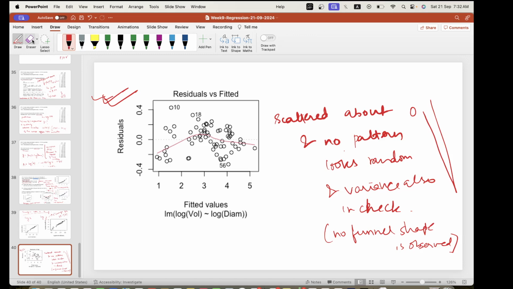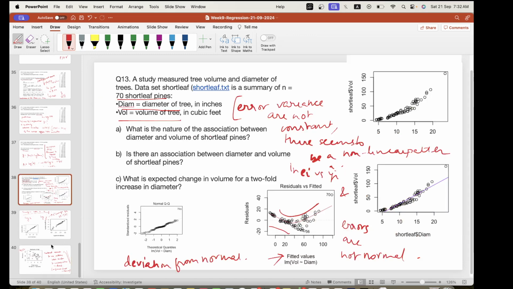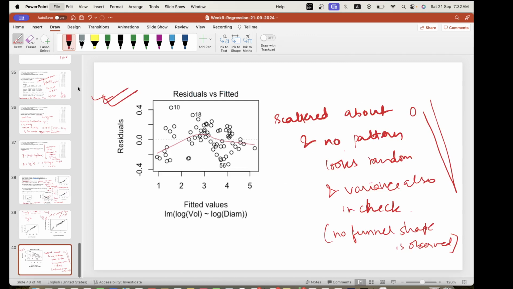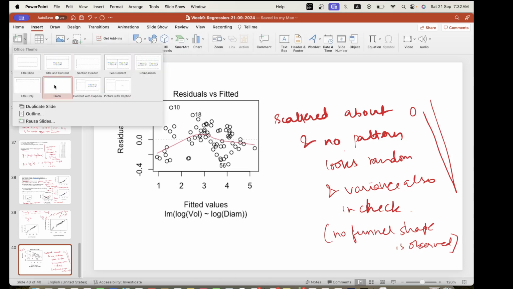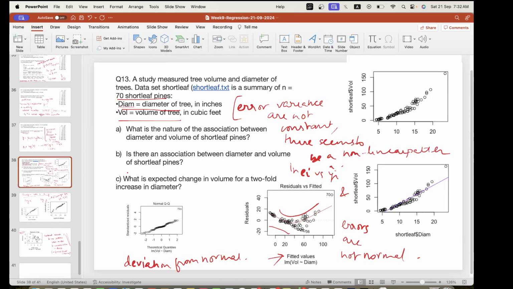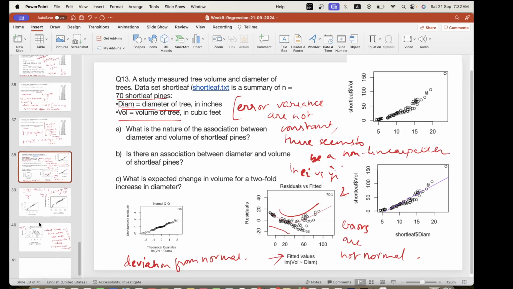Okay, so now that we have our model in place, how do we answer our research questions? So the question was, what is the nature of association between diameter and volume?